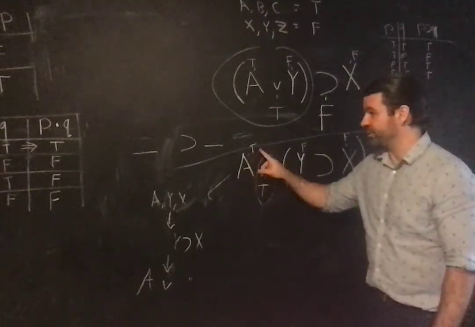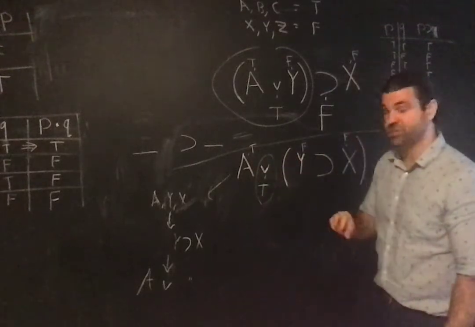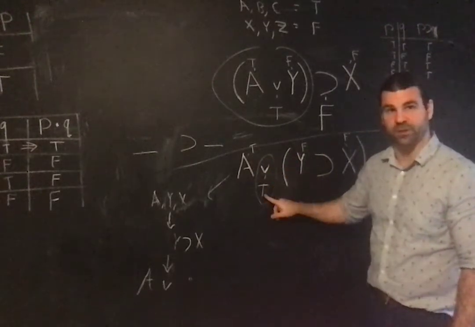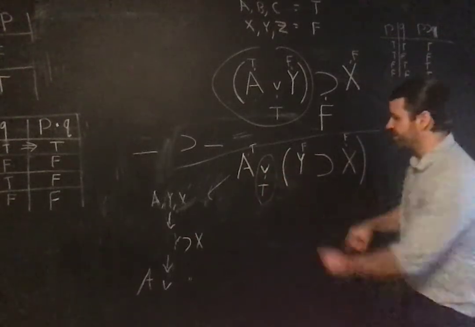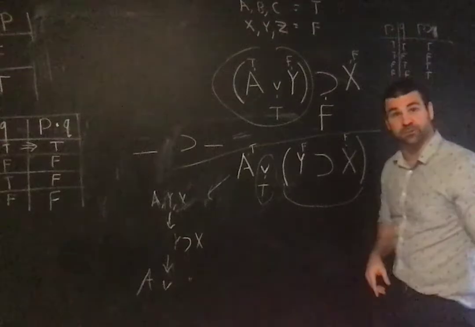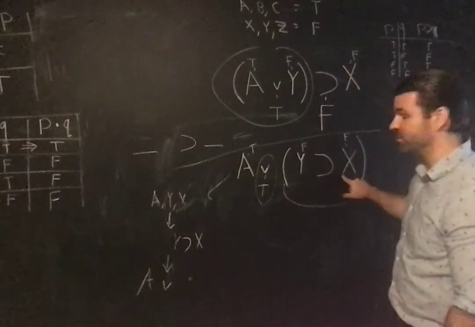Because I know that this is true, A is assigned true, that is sufficient for the truth value of the overall thing, right? So this disjunction is true whether this is true or false. If this turns out to be true, it's true. If this turns out to be false, that's false.